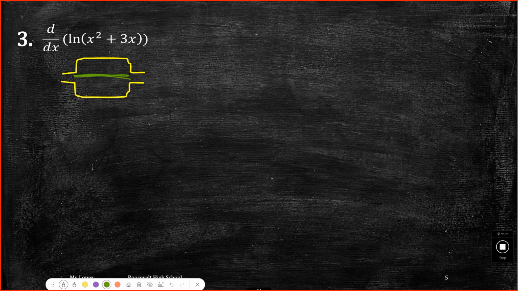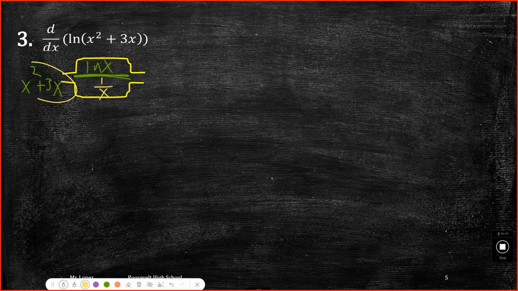What's the outer function? ln x. The inner function would be x squared plus 3x. So what's the derivative of ln x? 1 over x.